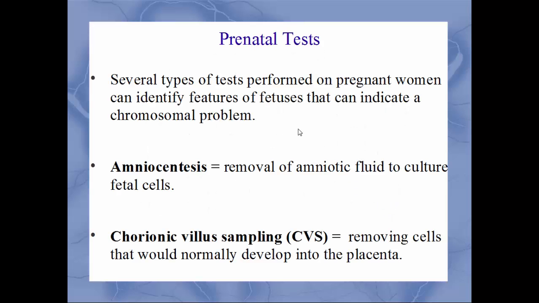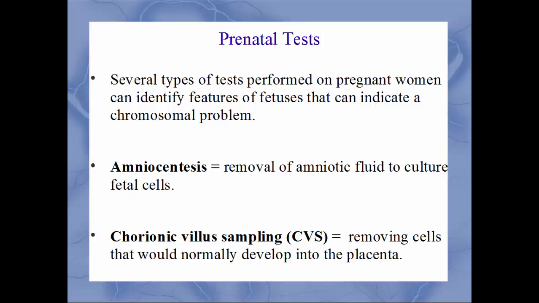Alright, last thing we'll talk about here, prenatal test. For those of you that have had children, these should not be a surprise for you at all. The whole point of prenatal care is to monitor and screen for any type of potential chromosomal errors or problems that could come up with the developing baby.